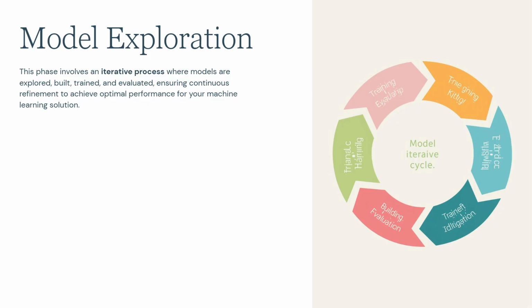Then comes model evaluation, comparing performance metrics with the original problem statement. If it falls short, the cycle repeats until the results meet expectations. Model refinement is what turns theory into real world performance.